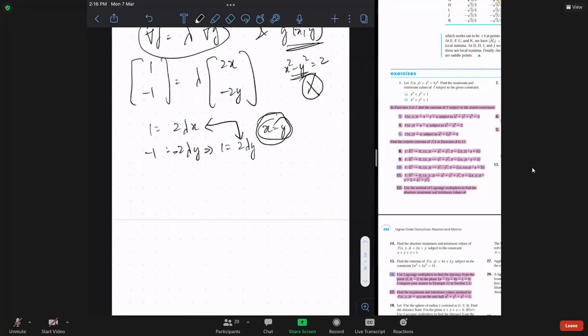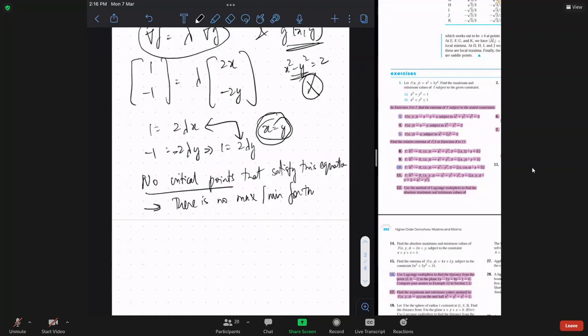So no critical points satisfy this equation. Since I don't have any critical point that satisfies the equation, there is no maxima or minima for this.